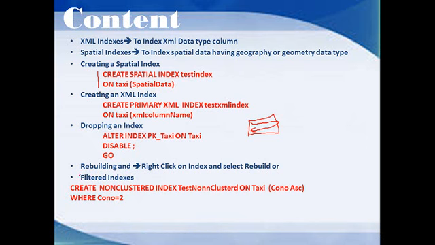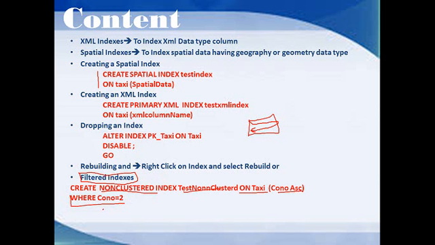There is also a filtered index. A filtered index is a mechanism by which we can specify an index for a given column with a given condition. For example, we create a non-clustered index in here, and that's the name of the index. This is the name of the table. This is the name of the column, and we specify a condition: apply this index where company number is 2.